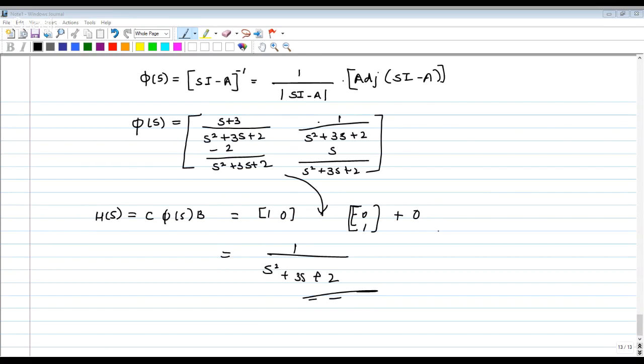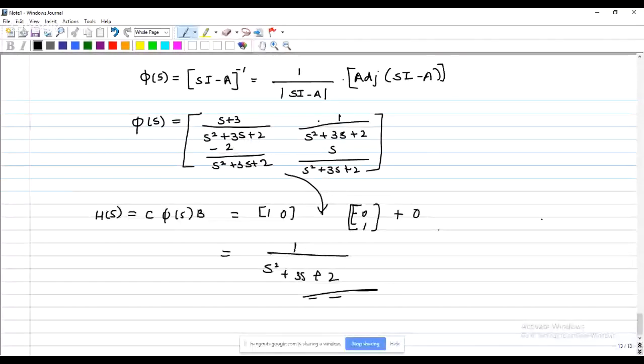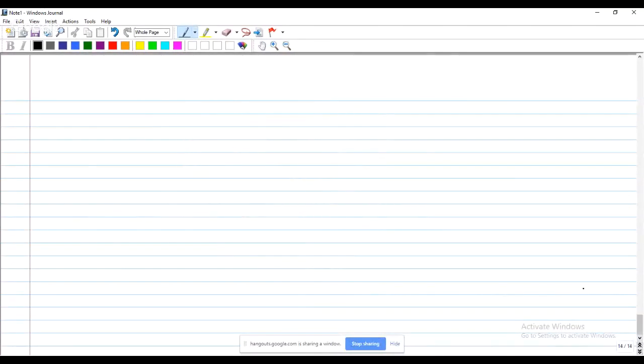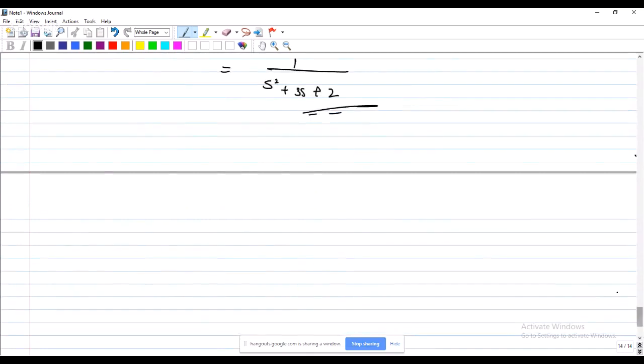Okay, so let us go for the next and last part of the problem. We need to find phi of t, which is e raised to At, which is nothing but the Laplace inverse of phi of s.